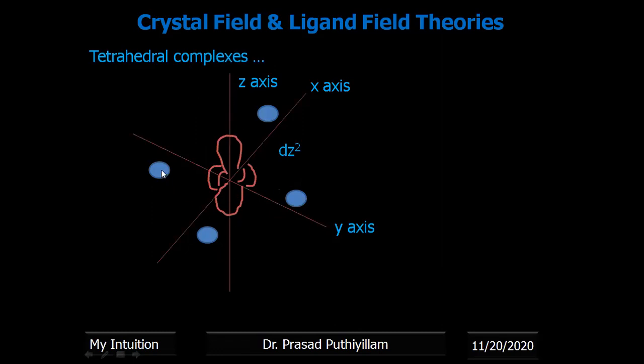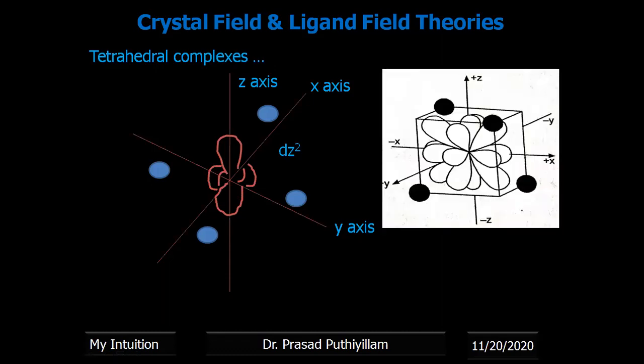If this ligand is on the plane, this is also on the plane. This charge center is facing away from us, this is facing towards us, and this one is in between. Therefore it is not facing directly towards the ligand. So dz square is not facing towards the ligands.